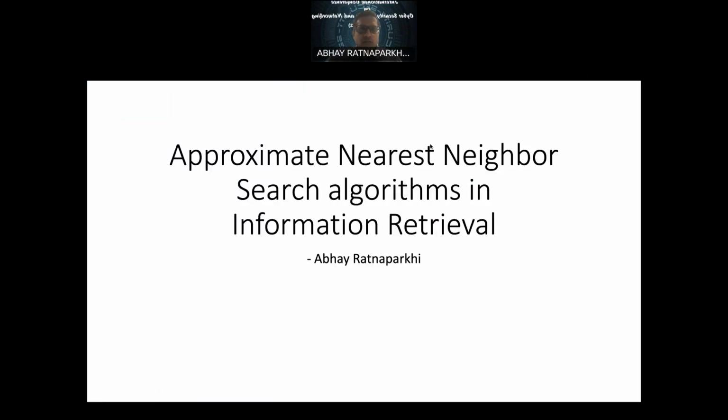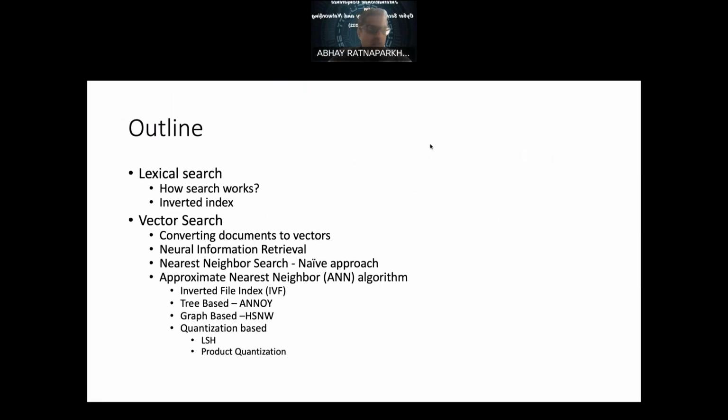So today's topic of discussion is approximate nearest neighbor search algorithms in information retrieval. Let me go through the outline. We'll discuss lexical search, which is a kind of traditional search engine, how they work, and we'll discuss the inverted index format.